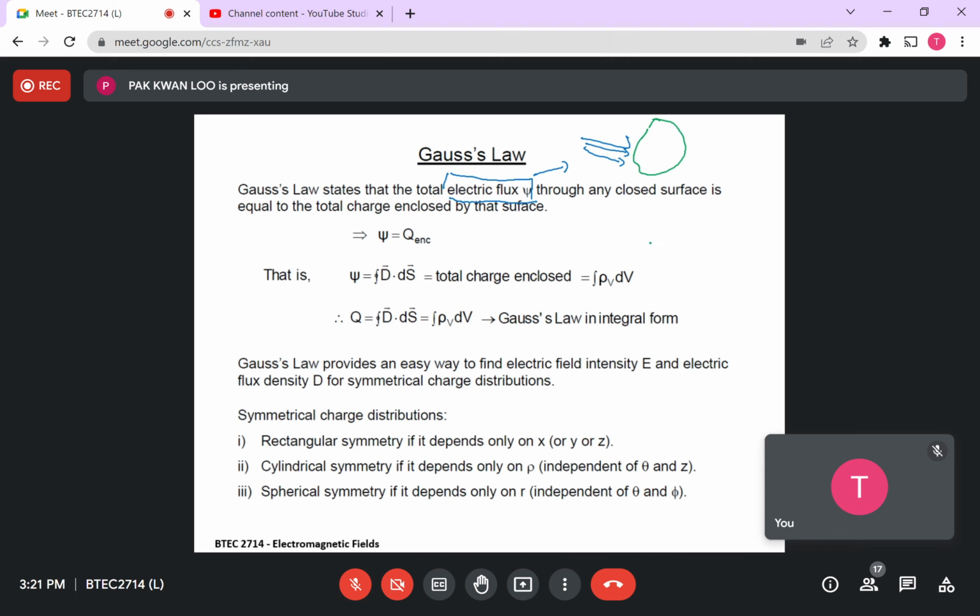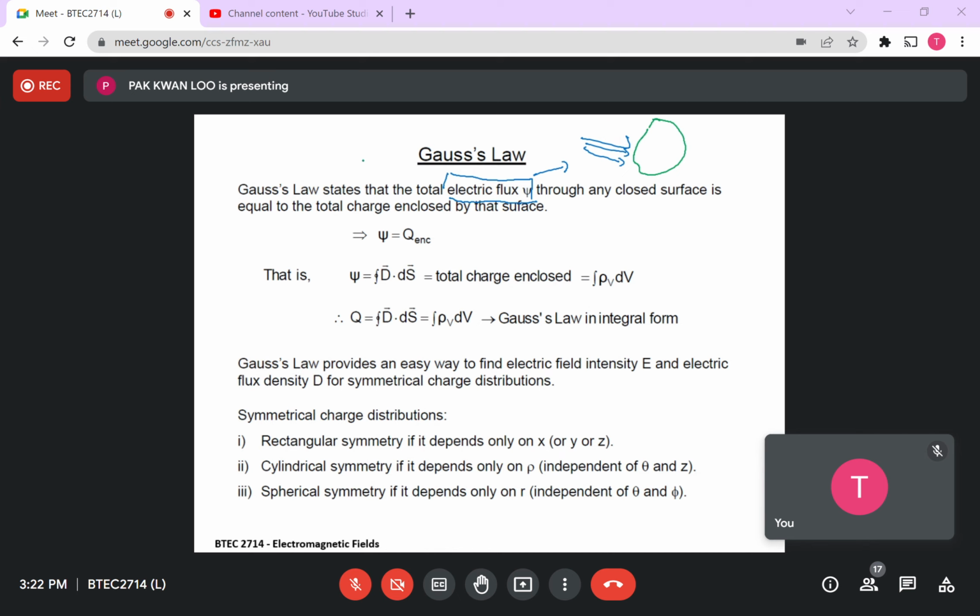When I talk about space, I mean three-dimensional real space, like the room you are sitting in. So the electric field that passes through a surface, whether closed or open, is the electric field flux.